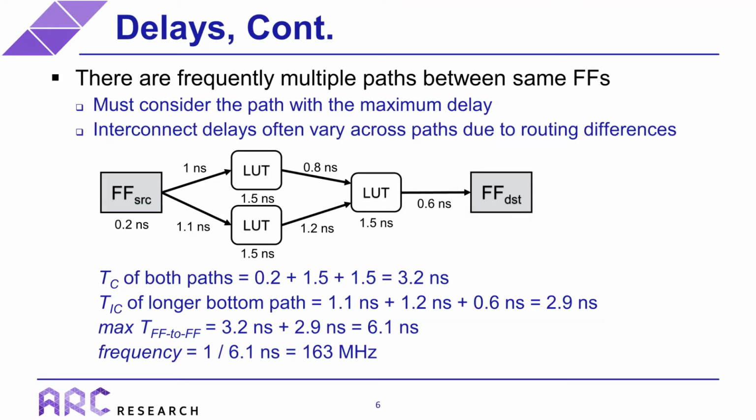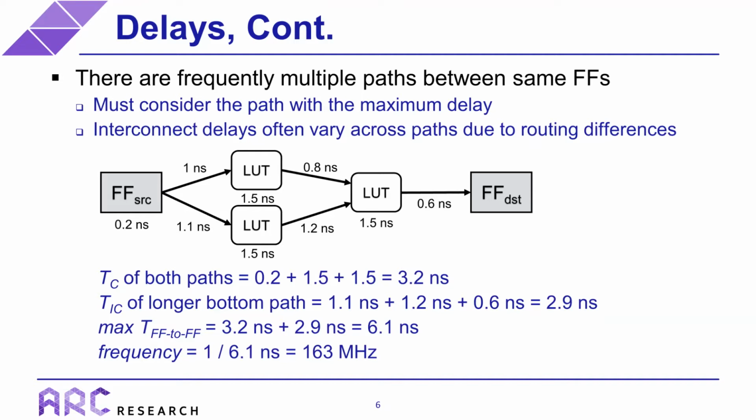One very important thing to be aware of is that there are frequently multiple paths between the same set of flip-flops, and those paths will often have different delays even when using the same set of resources due to differences in the routing of each path. So in these cases, it is critical to focus on the path that has the maximum delay.